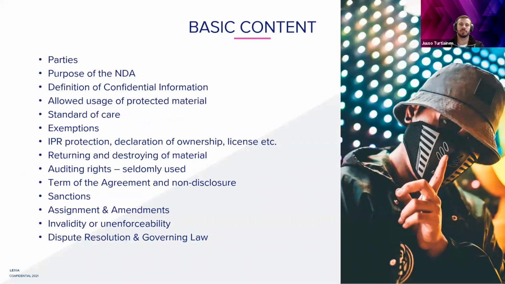So here we're going into the basic content of an NDA: of course, setting out the parties who are party to the actual agreement itself, and setting out the purpose of the NDA.